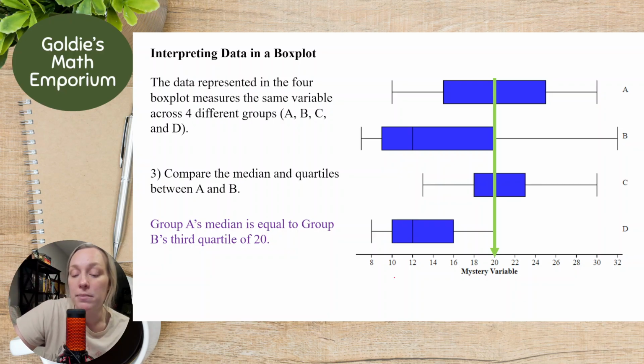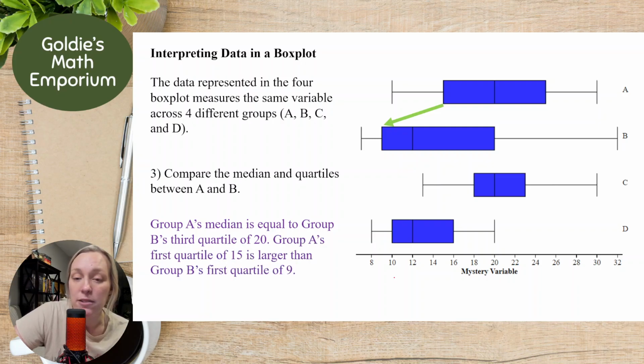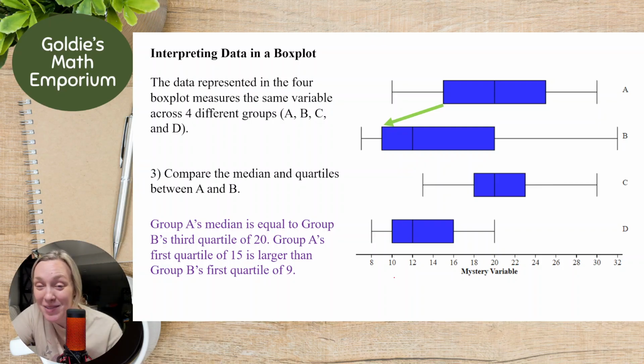So here, Group A's median is equal to Group B's third quartile. What about the first quartiles? A's first quartile of 15 is larger than Group B's first quartile of 9. So this is just an example of a way you can compare using those comparison words between two groups here. Something you might be asked to do, most likely.